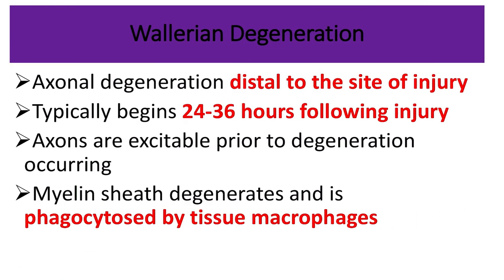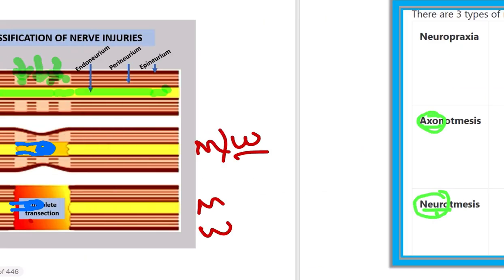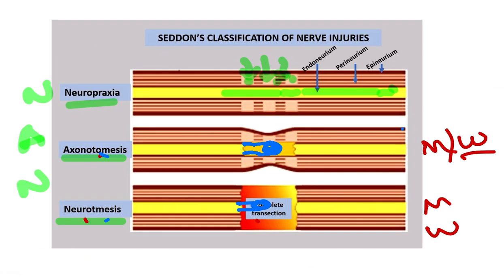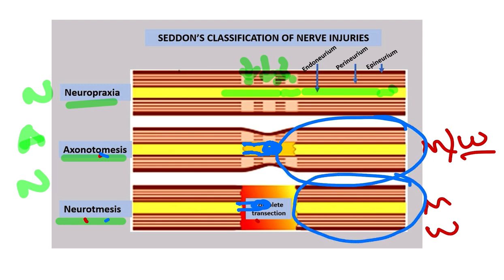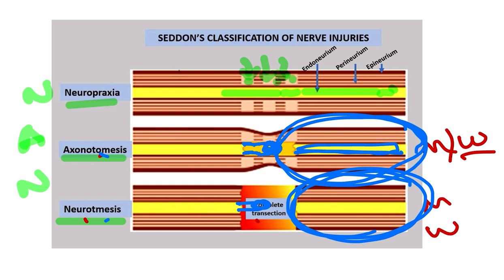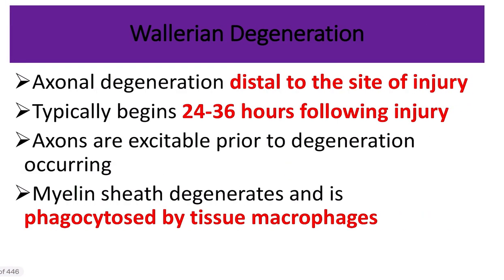In short, what is Wallerian degeneration? It is the axonal degeneration distal to the site of the injury. In this picture we can see the site distal to the injury is completely removed by our body's macrophages.